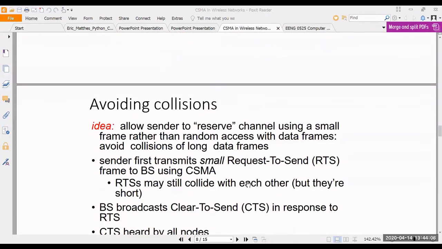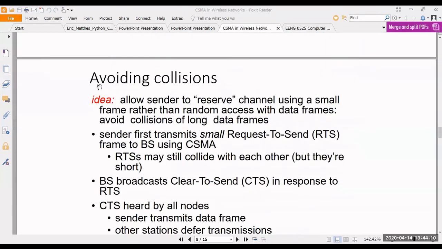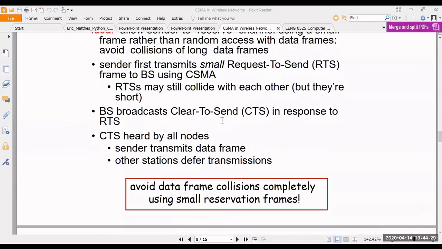Then we have this. This is the collision avoidance idea. It allows the sender to, in quotes, reserve the channel using a small frame rather than the random access where we use the whole data frame. You get it? So that's what we've discussed.